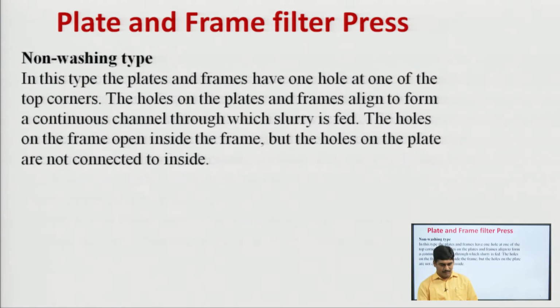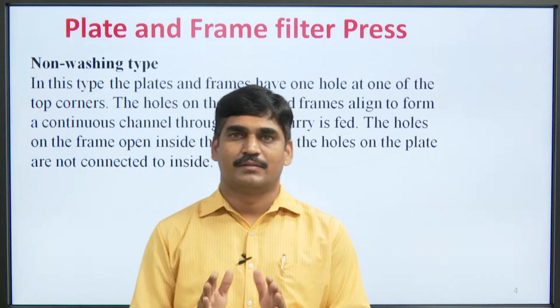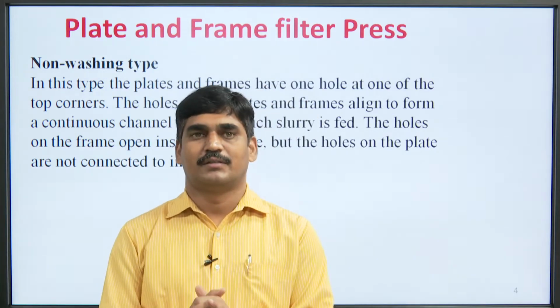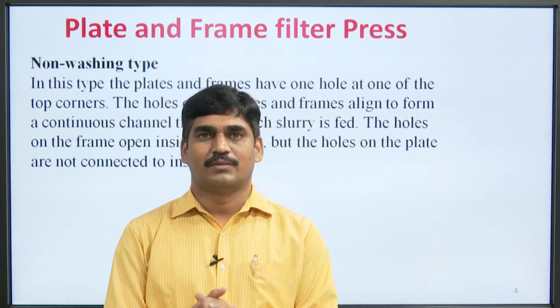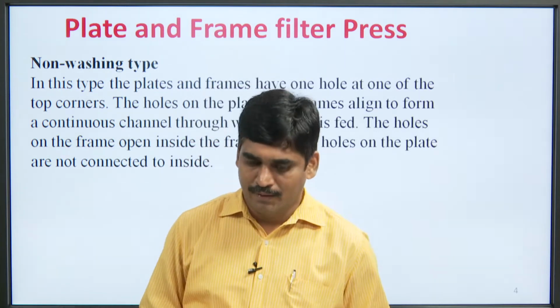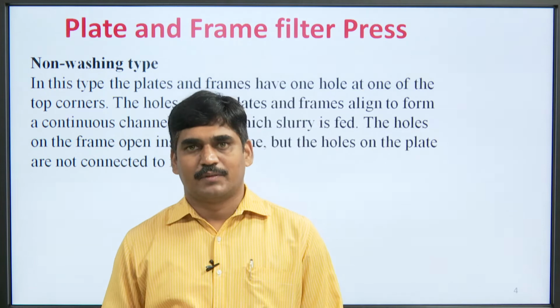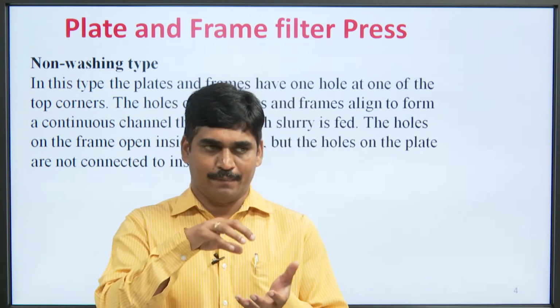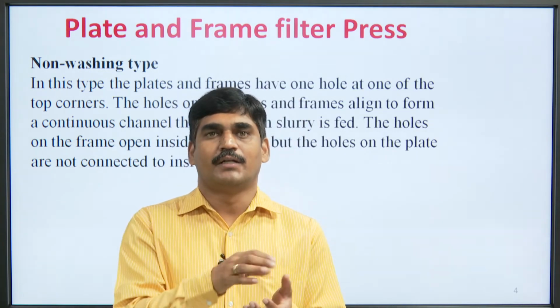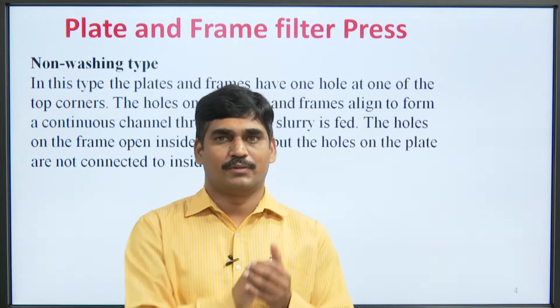First, we will study the non-washing type plate and frame filter press. As the name suggests, in this case washing is not taking place, or we are not doing the washing cycle. In this type the plates and frames have a hole at one of the top corners.